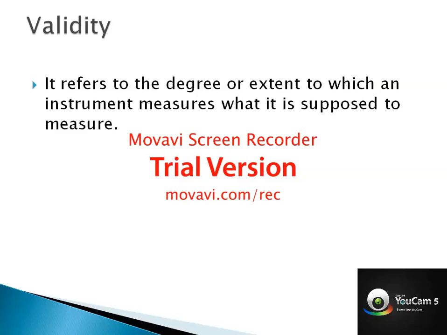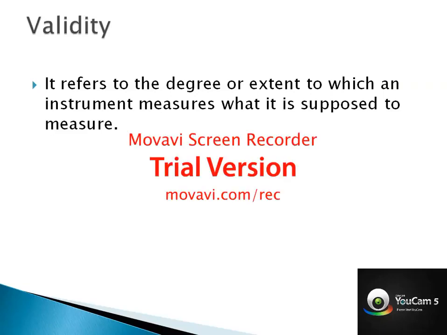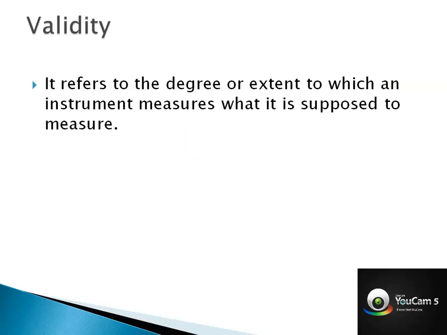So it is repeated observation that gives the same result, but it is not valid because you fixed 6 o'clock and it rings at 5:30. So a data collection tool has to be valid as well as reliable. If it is reliable but not valid, it is not a good tool. If it is valid but not reliable, it is also not a good tool.